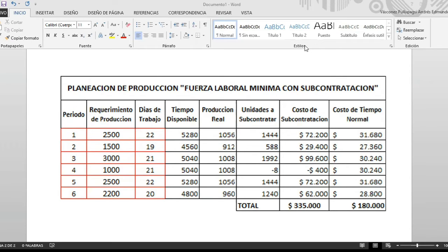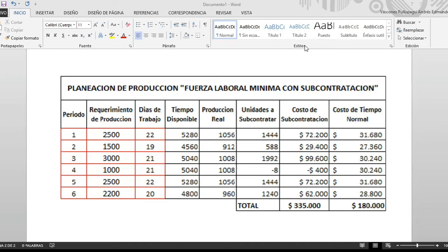The first step is to determine the minimum workforce, that is, the constant number of workers that we will have in our plan. In our example, the number of workers is 1000 times 5 times 6 divided by 125 times 8. The minimum number of workers is 30.